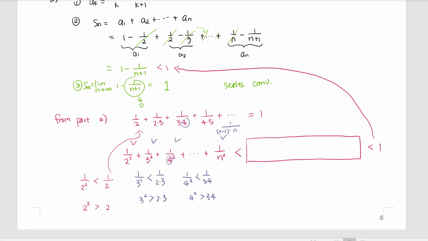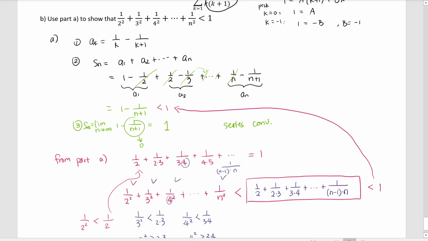We fill in 1 over 2 times 1, 1 over 2 times 3, 1 over 3 times 4, up to 1 over n minus 1 times n. And this is less than 1, because even when we add infinitely many such things, the sum is still less than 1. So when we add smaller things, the answer is also less than 1. Okay, so that finishes the proof of part B.